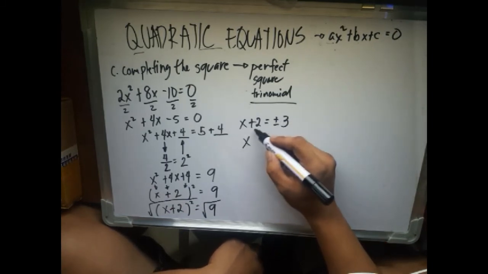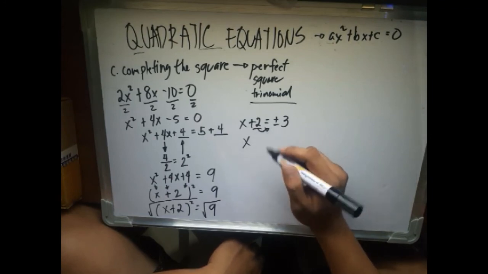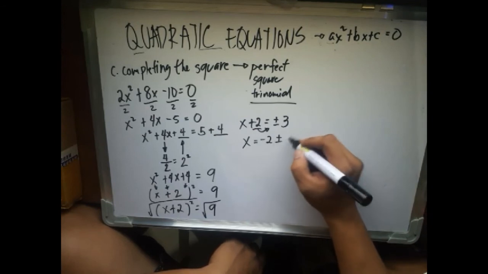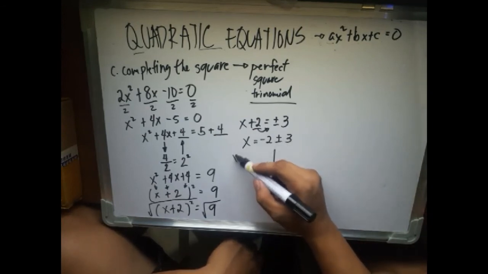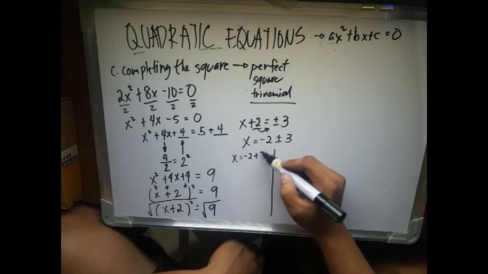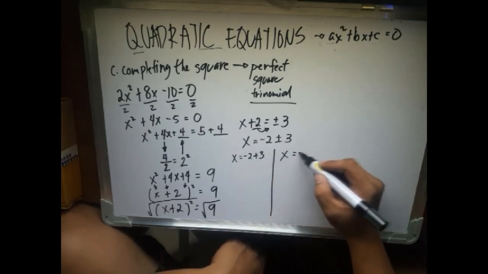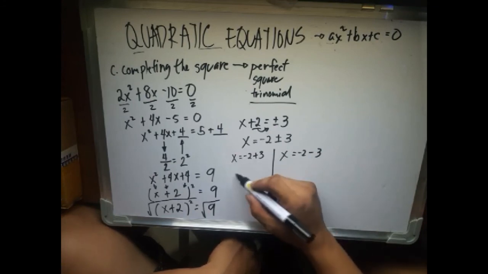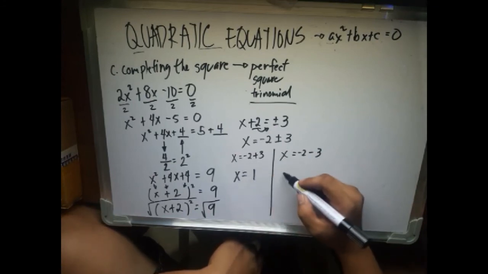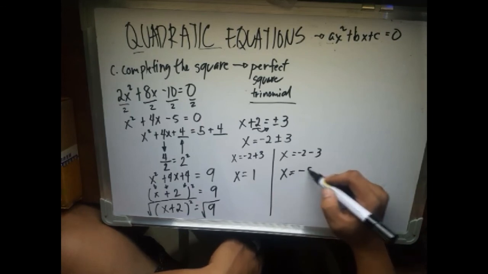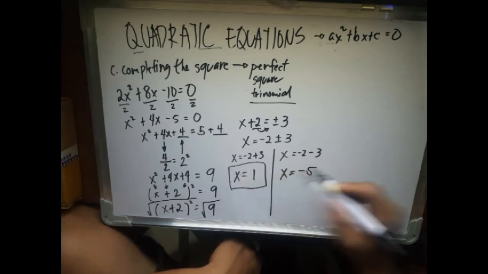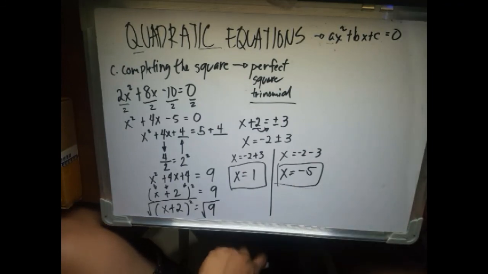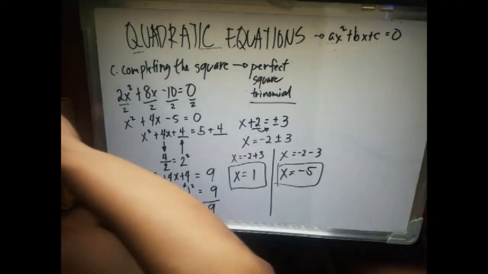Lilipat natin on the other side yung positive 2 para mahanap natin value ng x. We have negative 2 plus minus 3. So, meron tayong dalawang sagot. One is negative 2 plus 3 and the other one is x equals negative 2 minus 3. So, negative 2 plus 3, 1. The other one, x equals negative 5. So, dalawang sagot natin, 1 and negative 5. Okay? So, erase natin.